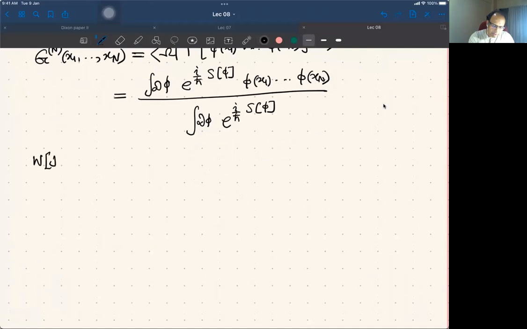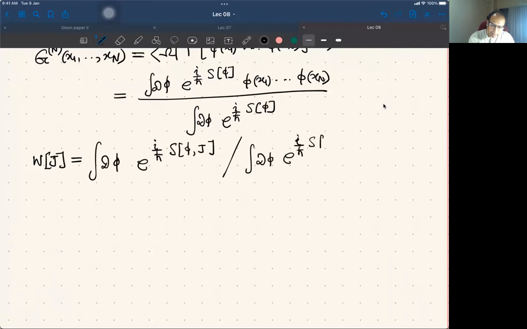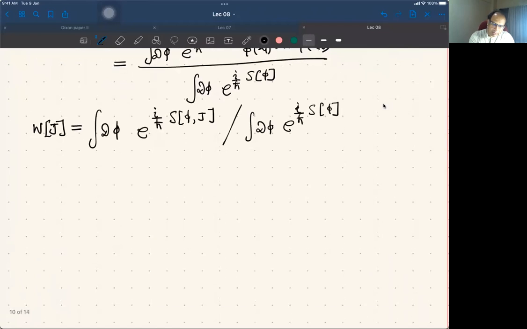And then W[J], in the path integral language, is given by e to the i by h bar S[phi, J] divided by integral d phi e to the power i by h bar S[phi], where S[phi, J] is the integral of the free theory Lagrangian, then the potential minus V[phi], then this source term.